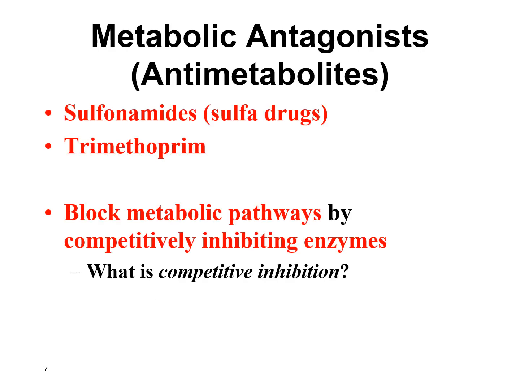Our next group of antibiotics are called metabolic antagonists or antimetabolites. There's two of them in this group. We have sulfonamides or sulfa antibiotics and trimethoprim. The way that these work is they will block metabolic pathways by competitively inhibiting enzymes.